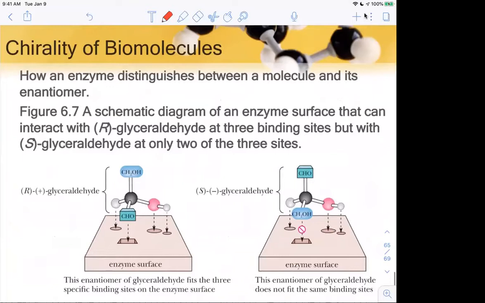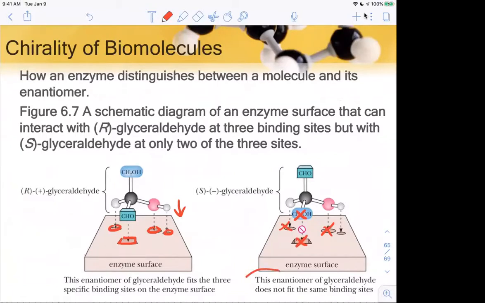So this is how enzymes will distinguish between a molecule and its enantiomer. I'm going to have pockets that are tailor-made for fitting one enantiomer into my active site on my enzyme surface. I will not have compatibility if I change that.